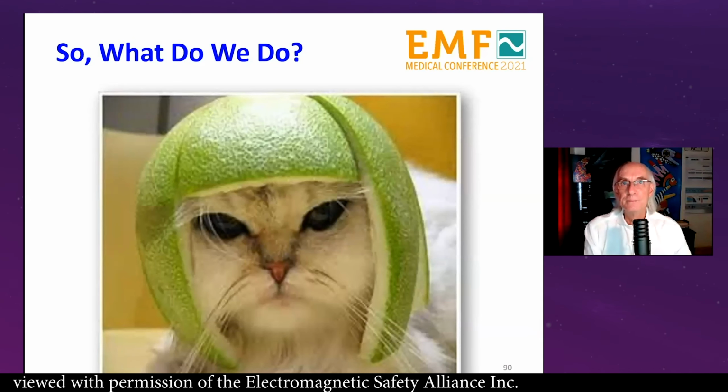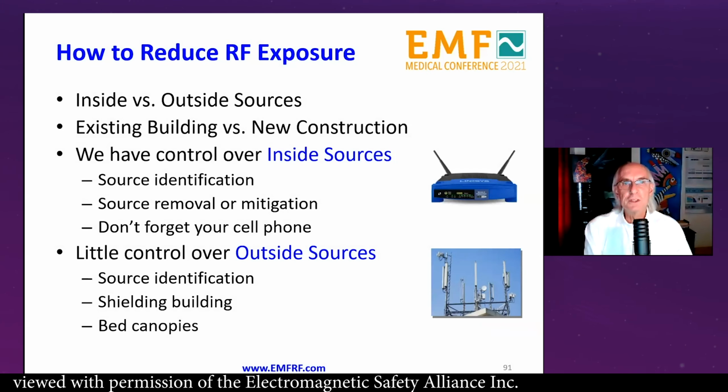What do we do? How do we deal with radio frequency fields? Okay, well, a couple of solutions. So first of all, we have to differentiate between interior sources and exterior sources. Over exterior sources, we have very little control: the broadcast tower, the cell sites, and so on.